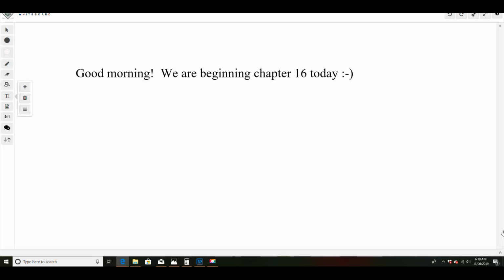Now, exponents are a notation to, I have no idea what that word means. I think it means exactly, succinctly write and work with numbers multiplied by themselves. So in exponential notation, we use a superscript number to show how many times a number is multiplied by itself. Okay, so turn the page.